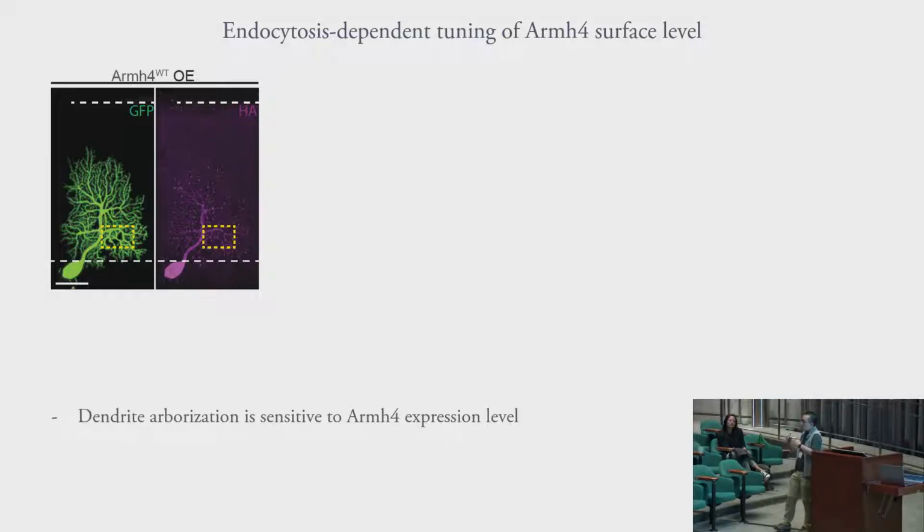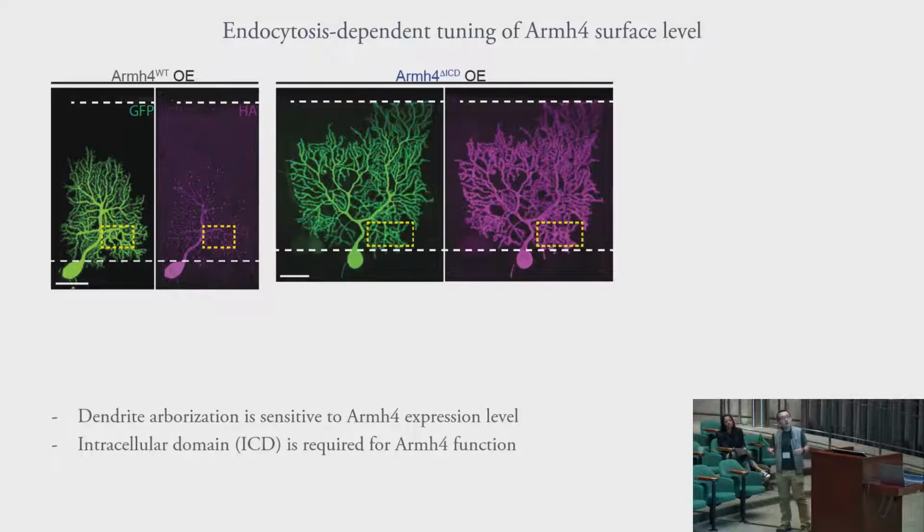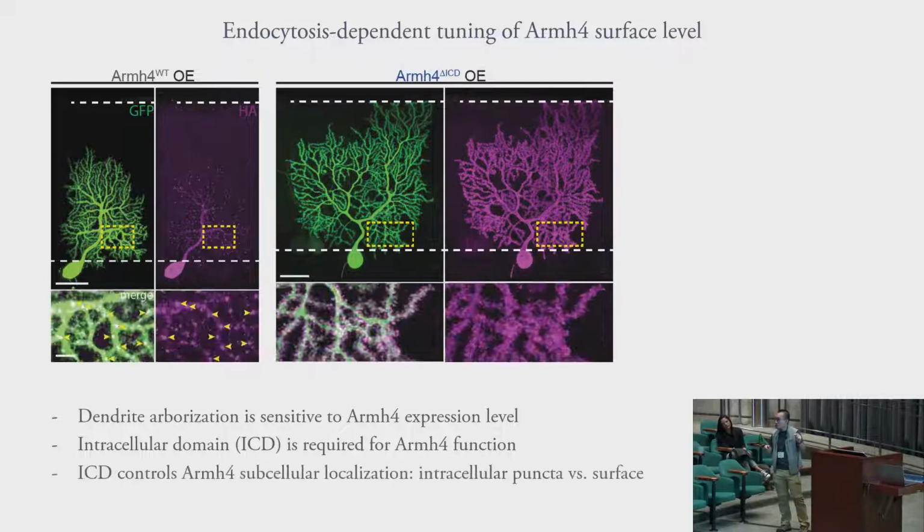Then we asked whether the intracellular transduction of AMH4 is important for its function. By removing the whole intracellular domain and overexpressing it, we found that the phenotype is gone. It grows back to normal size. If you look at the HA staining, which is fused to AMH4, you can see that the wild-type and ICD knockout have very different localization.